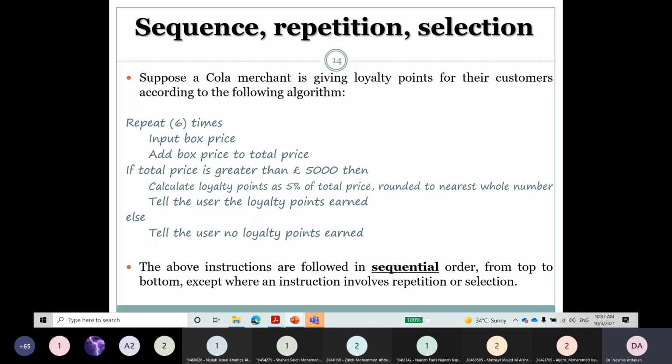This ends here because the indentation ends. The if is not inside the repeat. This is the indentation, how you write your program to make it more readable.